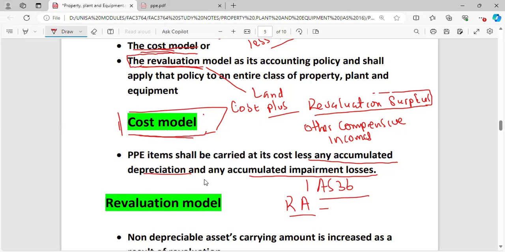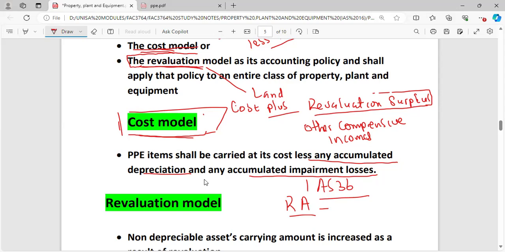Remember, in the process of calculating depreciation or calculating the carrying amount of the asset, we use depreciation. But there's a situation where you will find that the carrying amount of the asset is now different from the recoverable amount of the asset.